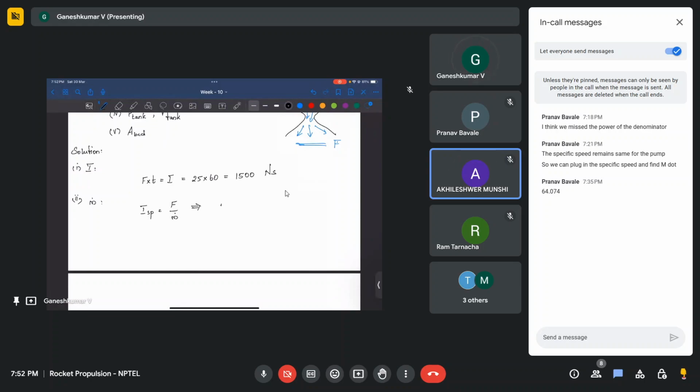Wonderful. All right, so force is 25 newtons, and it is coming out as 0.02 kg per second. Okay, 0.02 kg per second. All right. And so now we multiply.